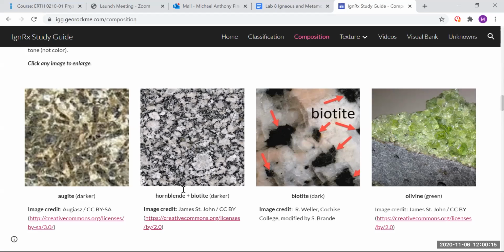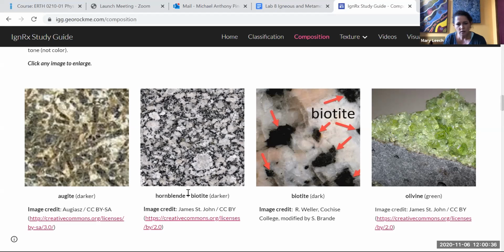So if you can see the dark minerals, if you see a nice flat glassy face, like perfectly flat, then you're looking at a mica, you're looking at a biotite. If what you see instead is an elongate, kind of narrow but long crystal that doesn't have a flat face on it, then you're going to guess hornblende or an amphibole of some kind.